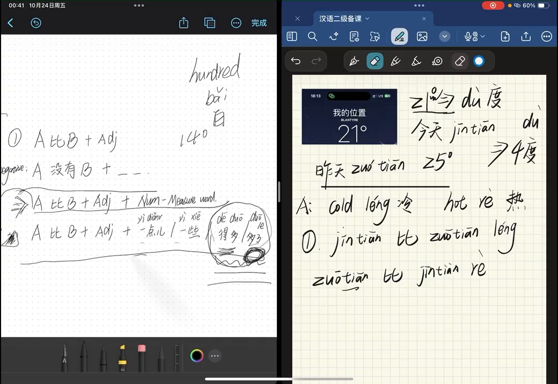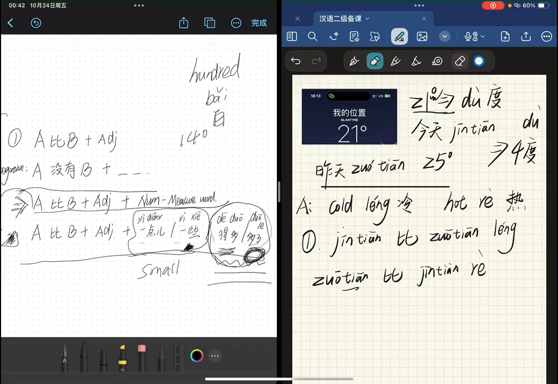So I don't use a specific number phrase; I choose a word to express the degree. 一点 or 一些 is for a small difference. I can choose one, so I choose 一些 to express that the degree is small.